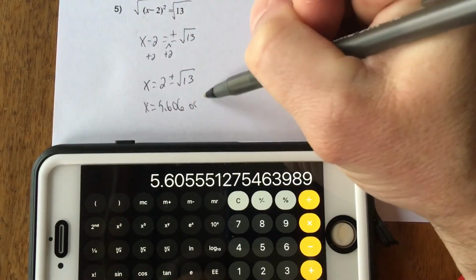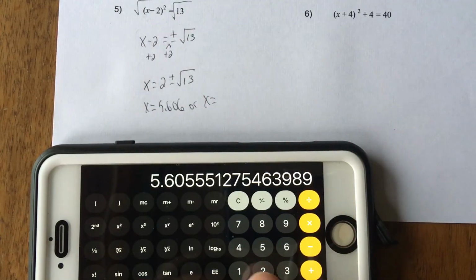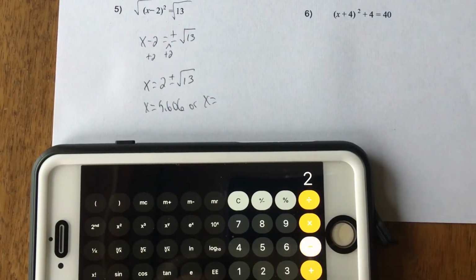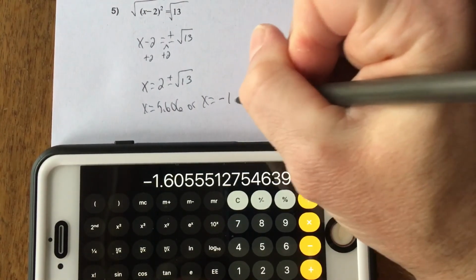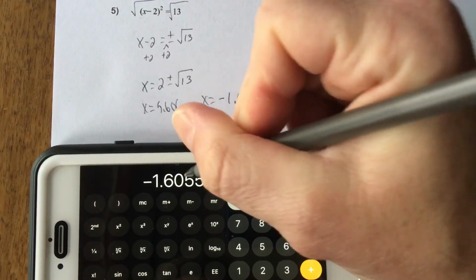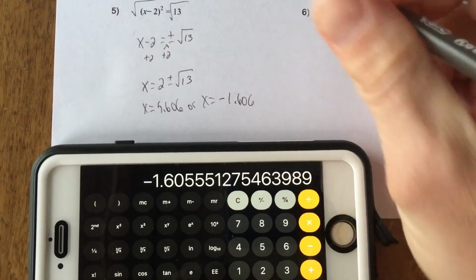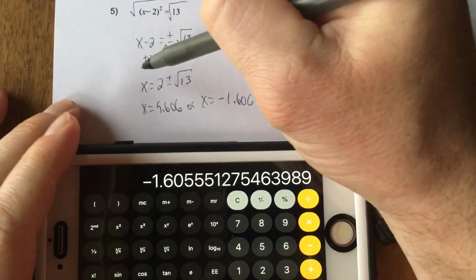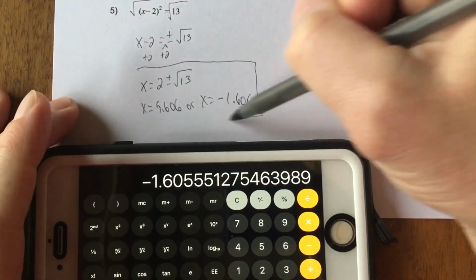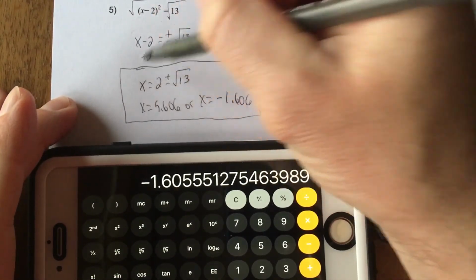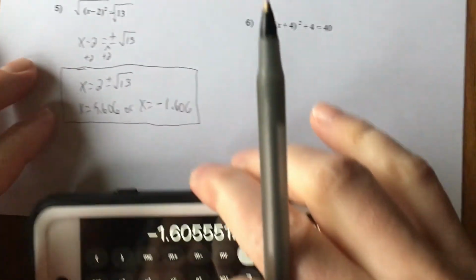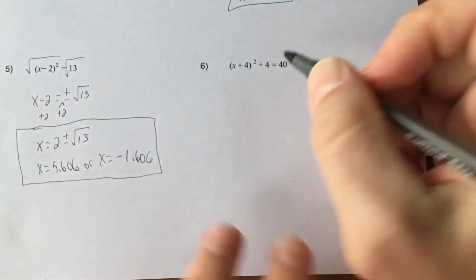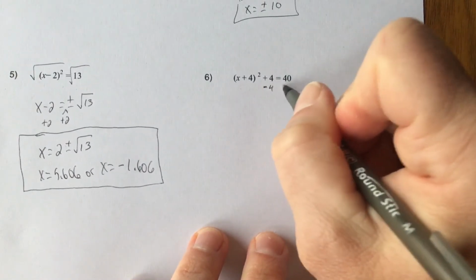Or x equals, and now I'm going to go 2 minus the square root of 13, equals, and I get negative 1.60, and again I'll round that up to a 6. So if you can leave it as a square root, that works just fine. If you have to do it as a decimal, then make sure you know how to use your calculator for that.